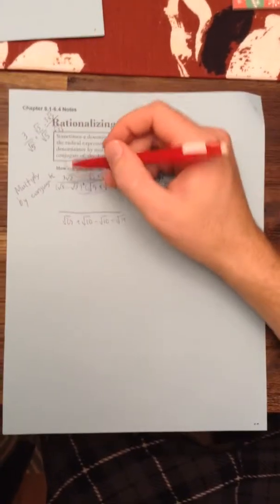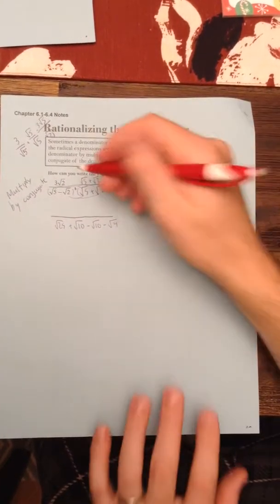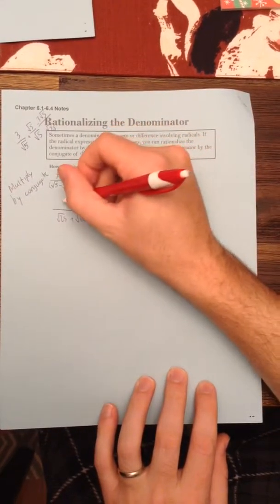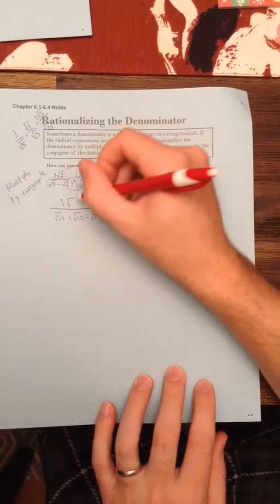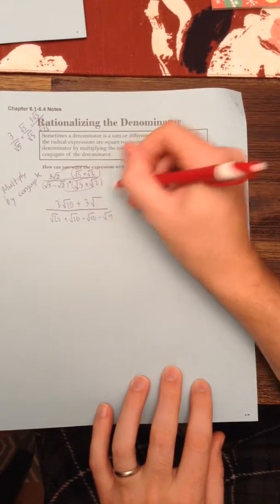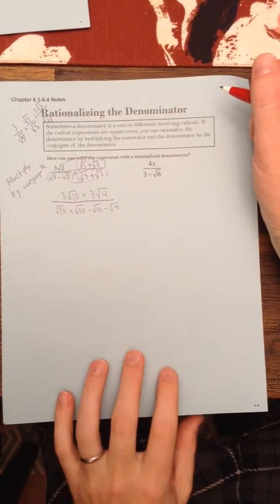Now on top, if you notice, there's no addition here, so you're not going to actually FOIL. You're going to just distribute this to both of these. So you're going to get 3 square root of 10 plus 3 square root of 4 when you multiply that. And now we have to go through and simplify everything we can.